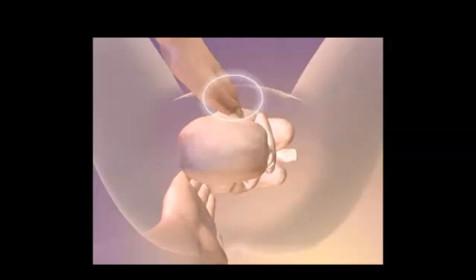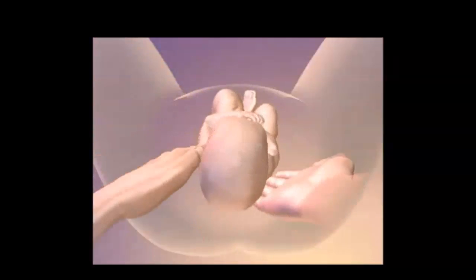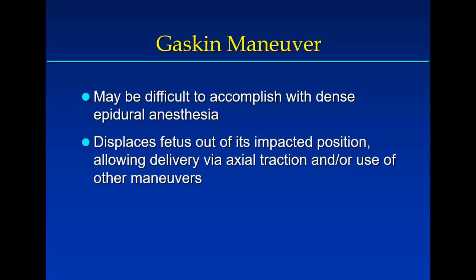The first rotation will go 180 degrees, bringing the posterior shoulder anterior, and hopefully somewhat more distal from the symphysis pubis than the prior anterior shoulder was. If it doesn't do this enough, where you think that with traction you're going to be able to deliver the fetus, you again can rotate back and go back and forth until the baby is delivered.